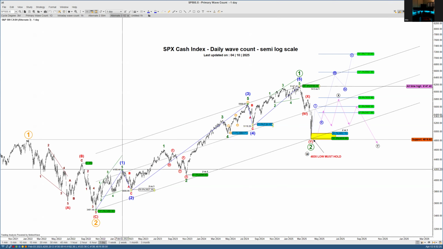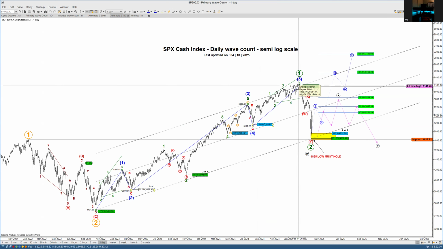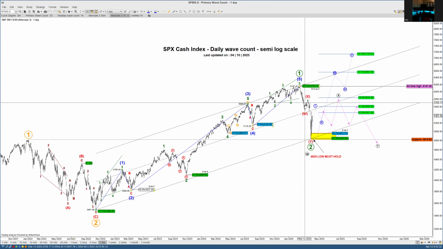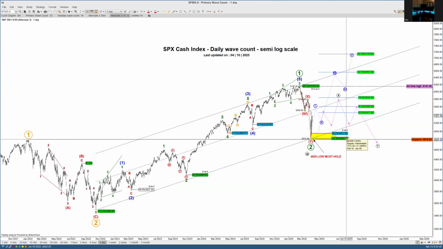We can count this as 1, 2, 3, 4, 5, five completed waves. And then from here, we simply take this three-wave move to the downside, WXY. We put in a 4835 low, and the high of 4,800.